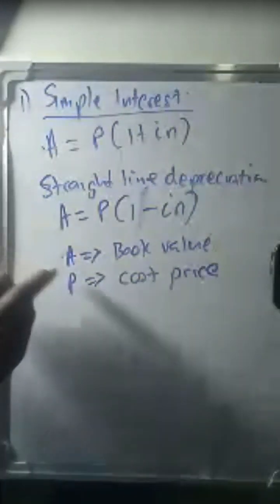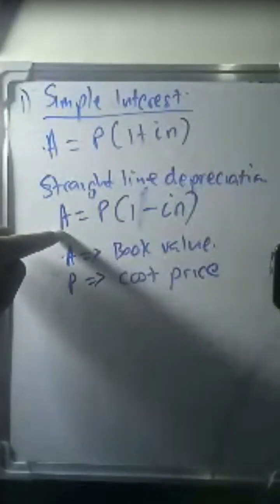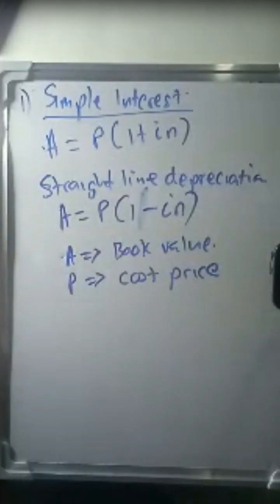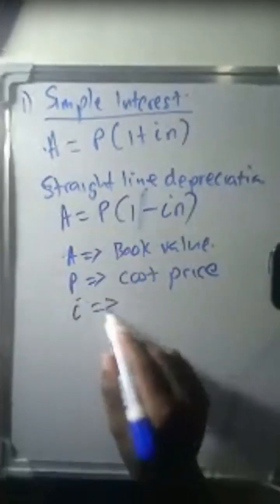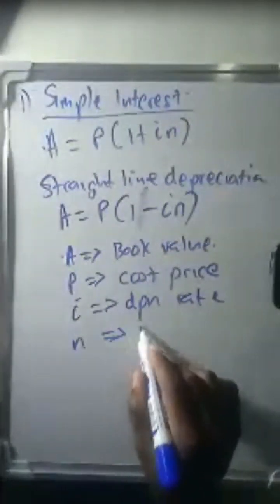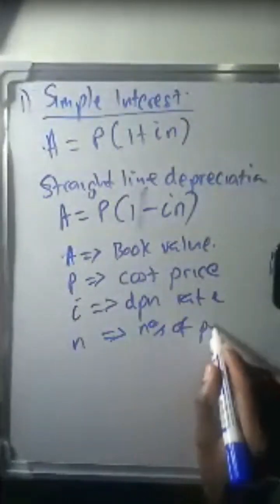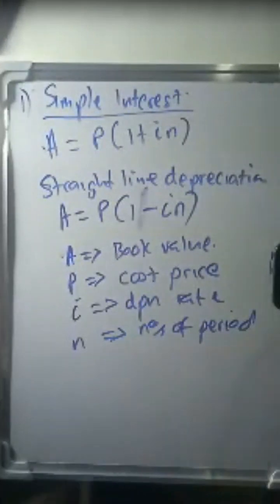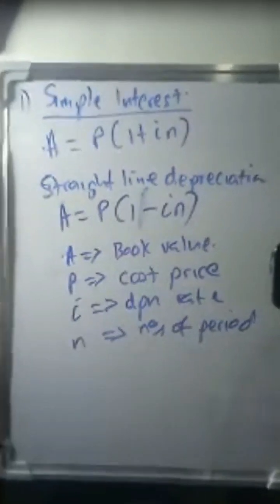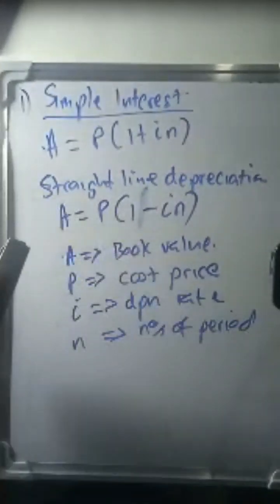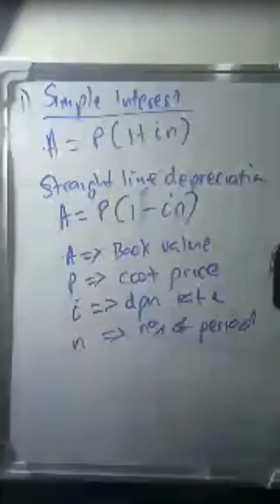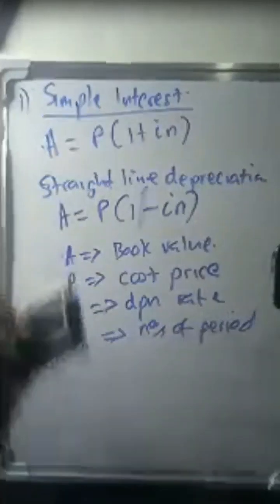So in depreciation, you'll find that A is smaller than P because this is decay. This is reducing in value. Then i is the depreciation rate. Then n, number of periods. In depreciation, they are usually years. Okay, so that is simple interest, and simple interest has its friend, simple decay, but we call it the straight line method of depreciation.